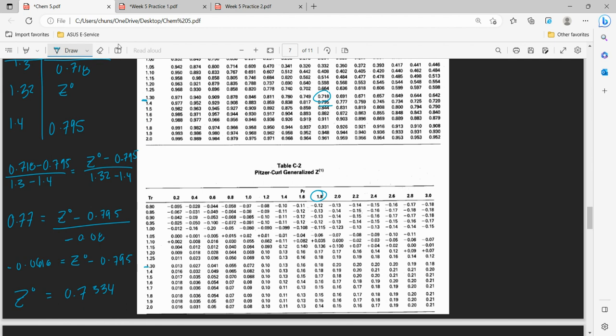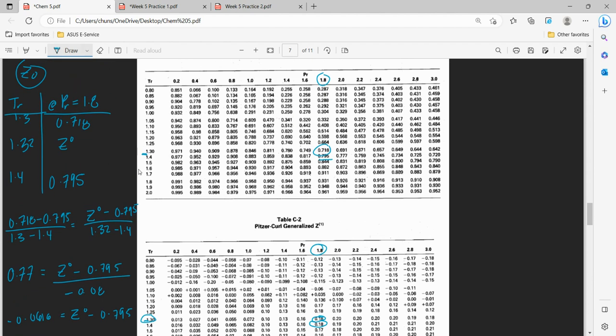So now for our Z1, we're going to do the same thing. We're going to find where our values are in between. Both are 0.18, so I'm going to do this in red. So for Z1, this is TR.